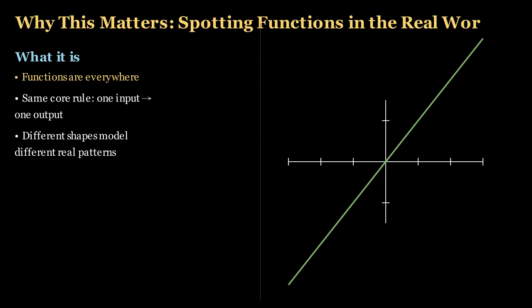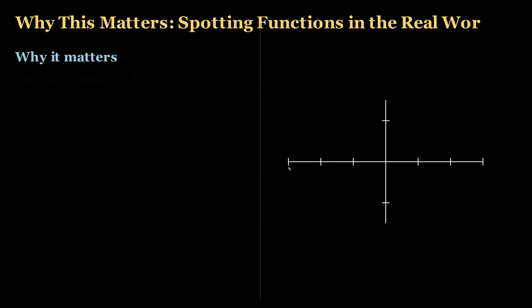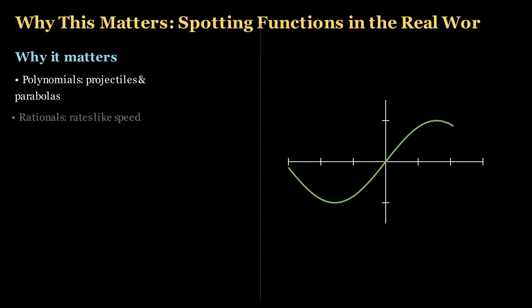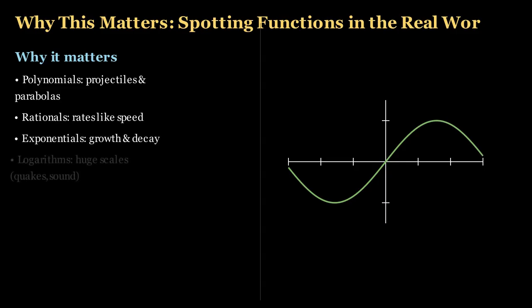Each function type solves a specific real-world problem. Polynomials, especially quadratics, give us parabolas, that's the path of a ball you throw, or a fountain's arc. Rational functions, with one thing divided by another, model rates like average speed, distance over time. Exponentials describe things that grow or shrink by a constant factor, like a virus spreading or radioactive material decaying.